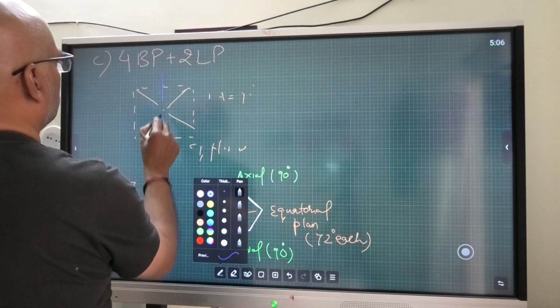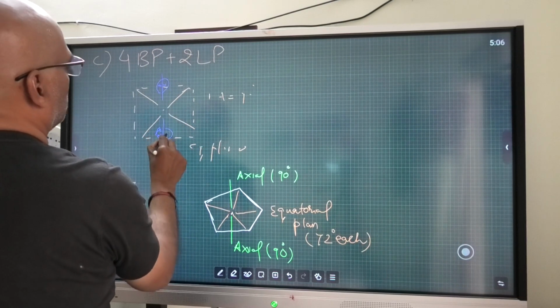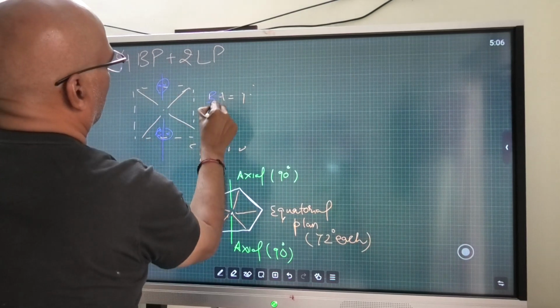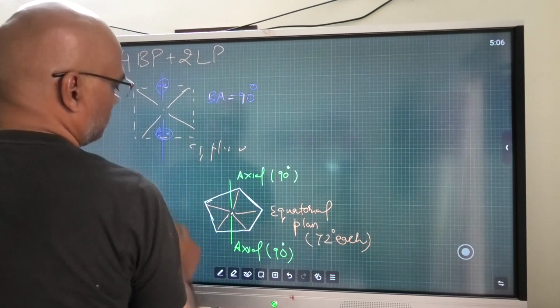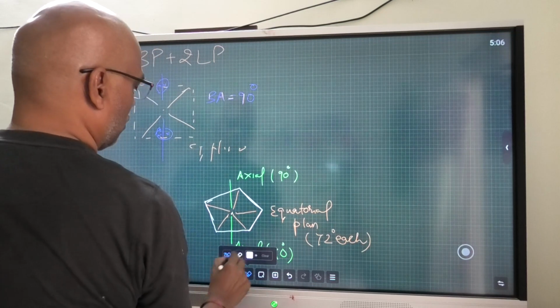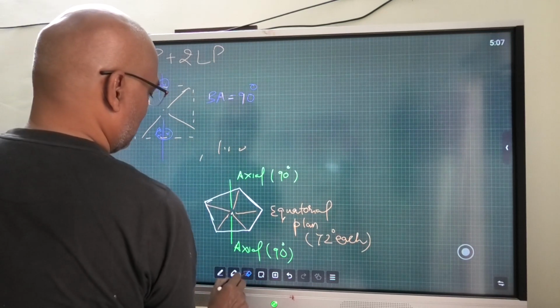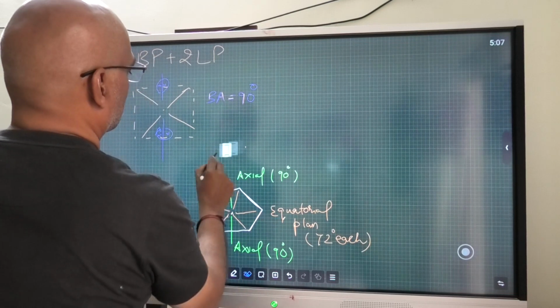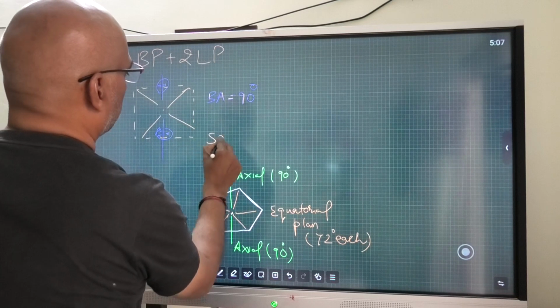Now, what to do? These are the positions for the lone pairs, in blue color. Bond angle will be exactly 90 degree, and the shape is called square planar.